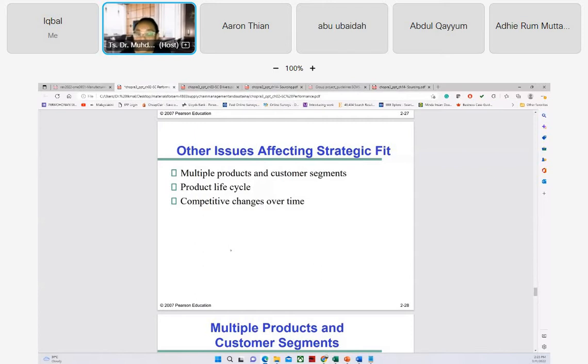All of these are customer segments. And not only differentiated by age, sometimes differentiated by income.